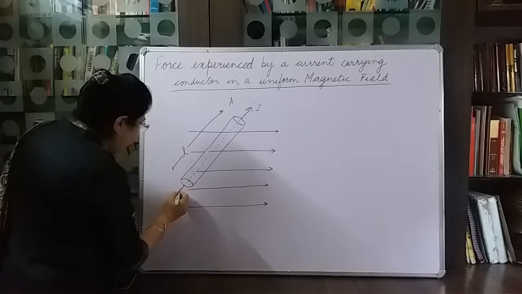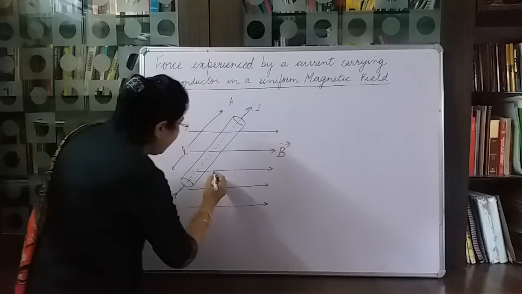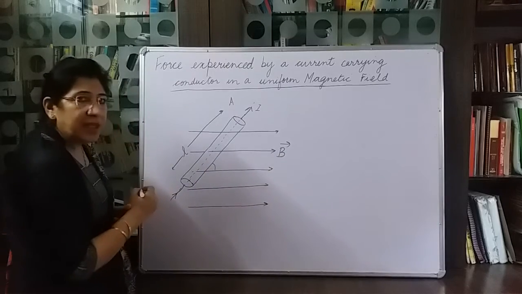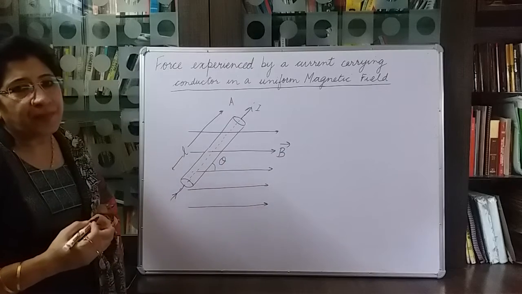This is the current flowing in the conductor. The magnetic field is B and the angle between the current and the magnetic field is theta.